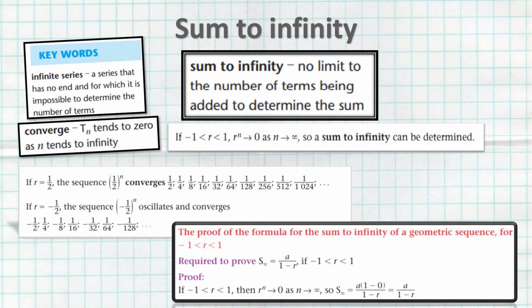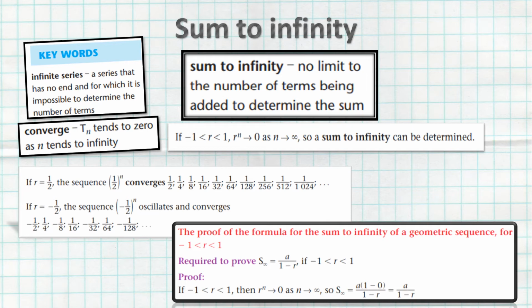They use a certain method, and they say, okay, if the terms in a geometric sequence are approaching 0, then we can actually calculate the sum to infinity, the sum of all the terms that will be there, right?